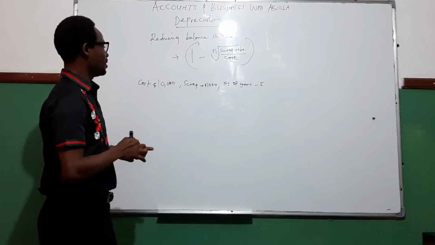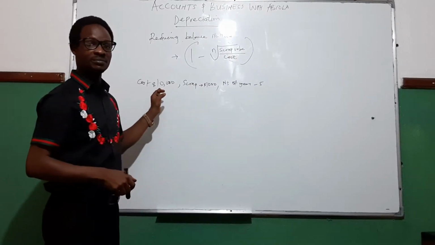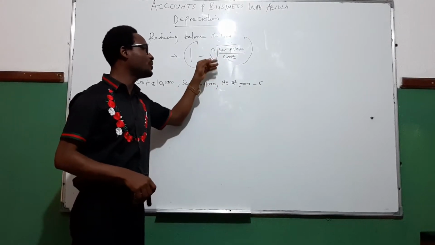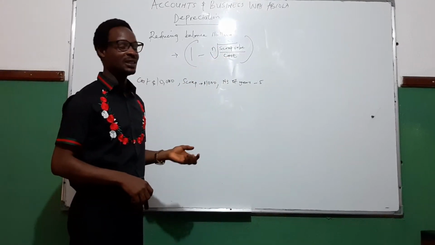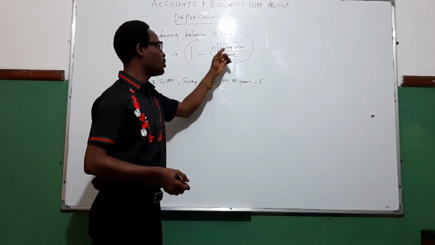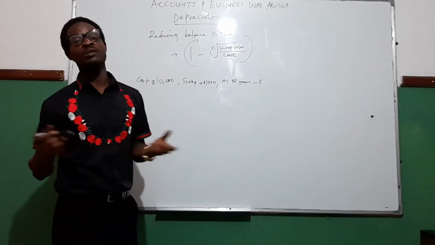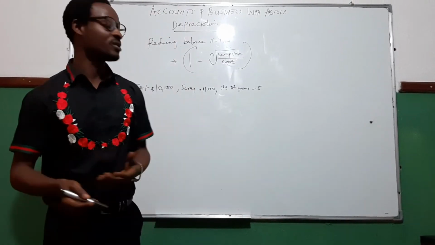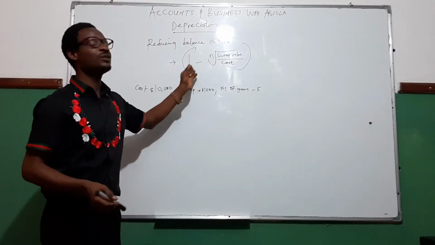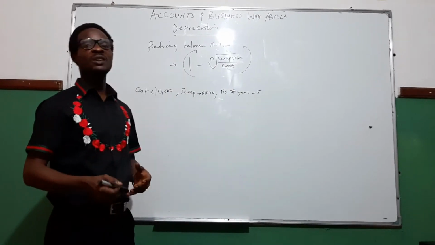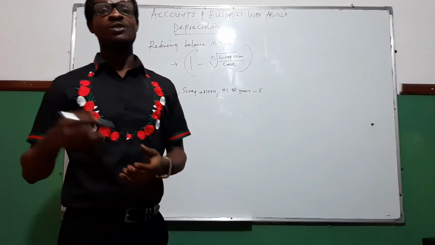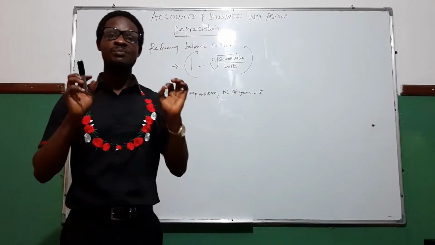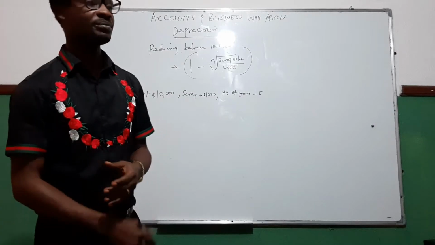So in this case, 1,000 over 10,000 will be 0.1. Then we take the fifth root of 0.1, or 0.1 raised to the power 1 over 5. The calculator will do that for us. That answer, we deduct it from 1, which gives us the answer in decimal.